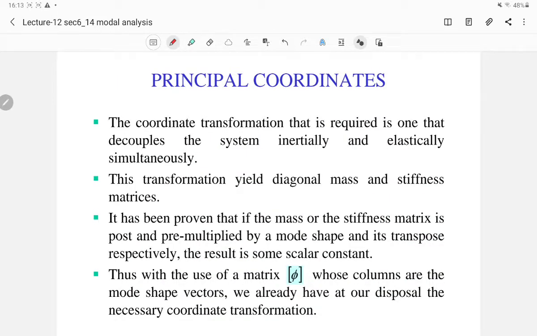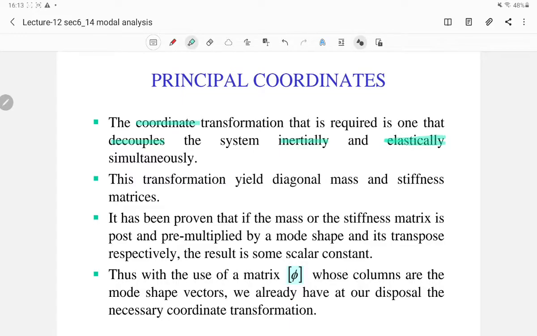The coordinate transformation that is required is one that decouples. So how do we actually decouple it? Basically, we use another coordinate that you can transform to, both inertially and elastically.